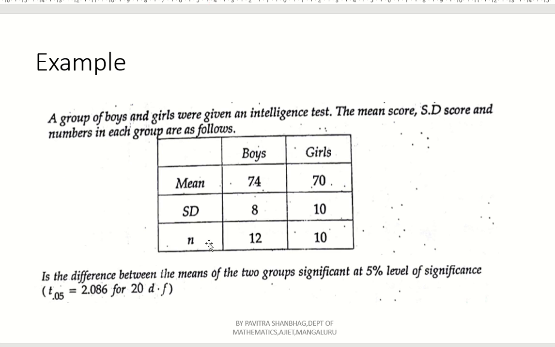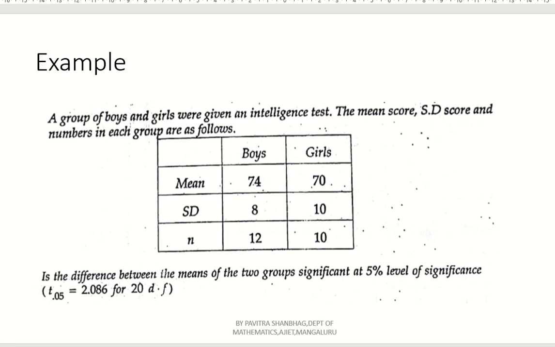For boys, the mean is 74 and for girls 70. Standard deviation is 8 for boys, it is 10 for girls, and n equal to 12 for boys and n equal to 10 for girls. Now, is the difference between the means of the two groups significant at 5% level of significance? Given t 0.05 equal to 2.086 for 20 degrees of freedom.